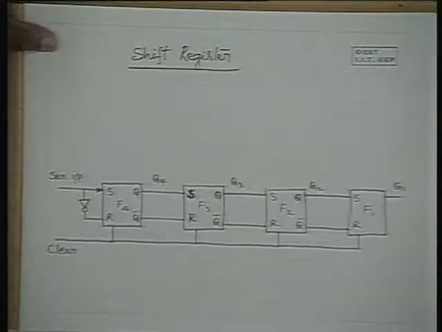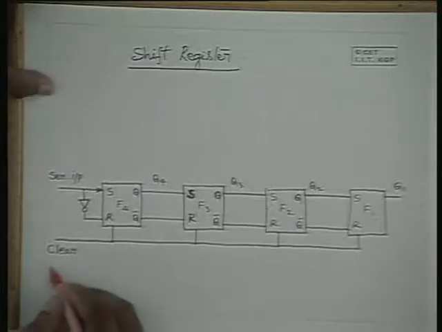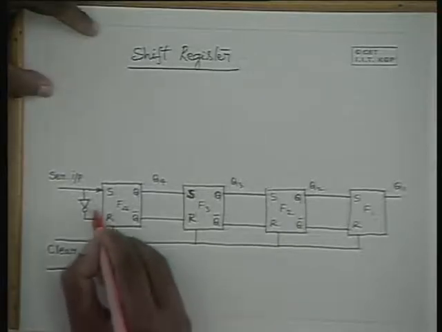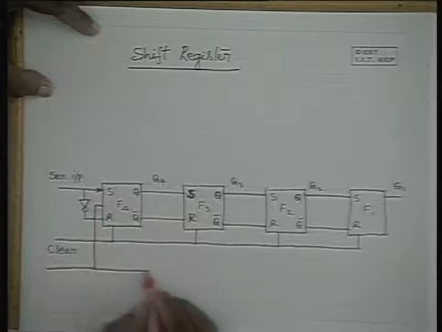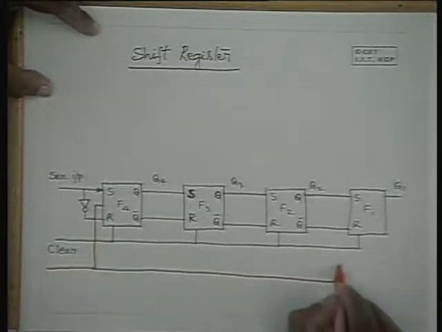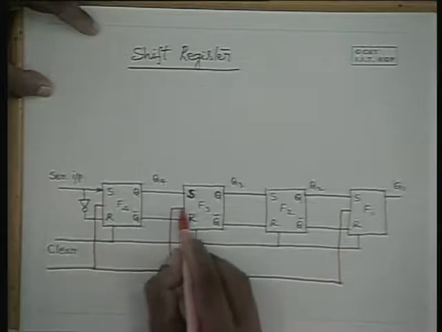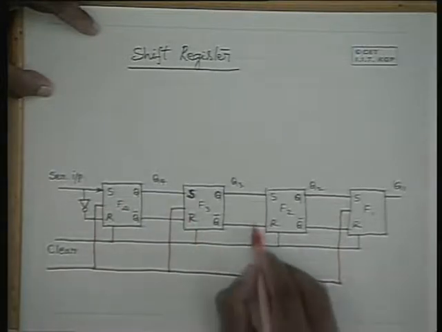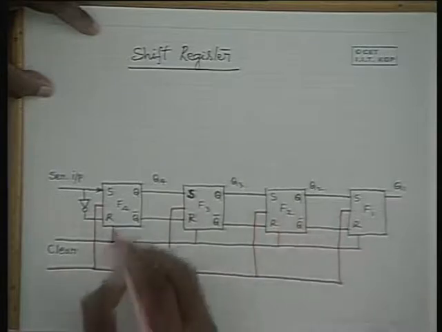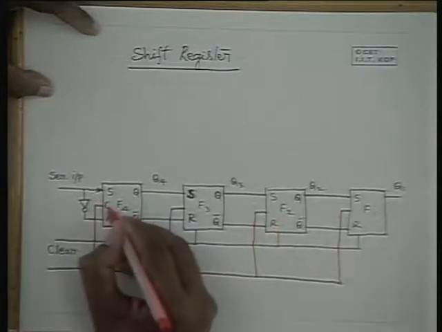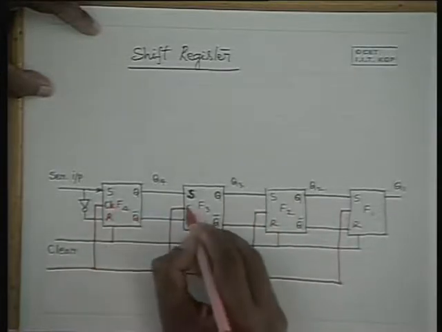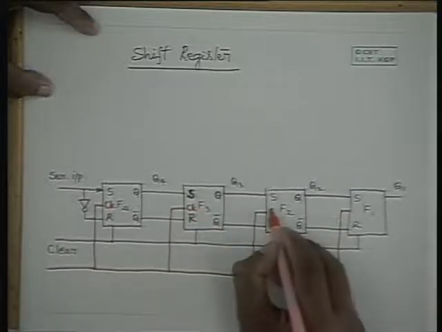Then we apply the clock to all the flip-flops. This is CK, the clock input of each of these flip-flops.